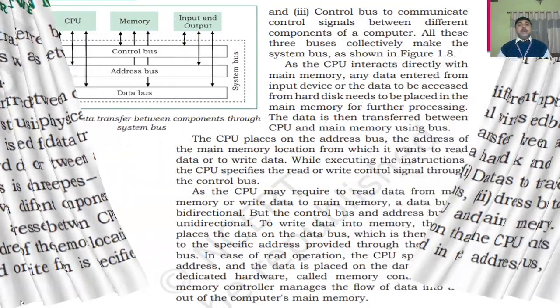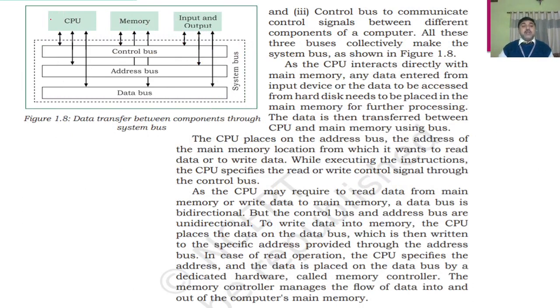Here you can see how the different buses are there. Another one I didn't mention earlier is the control bus. The control bus carries the communication of signals between the different sections of the computer. See here, the total system bus: this is the data bus, this is the address bus, this is the control bus.